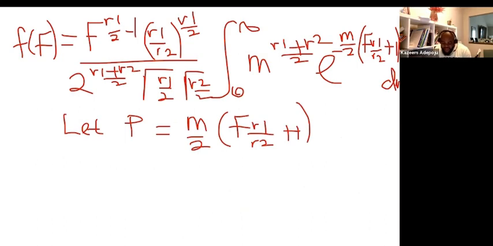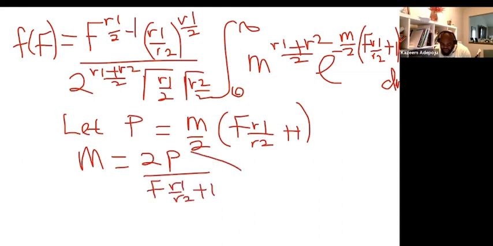That is going to imply what my m is going to be. My m is basically going to be 2p divided by f of this, right? That's going to be my m.